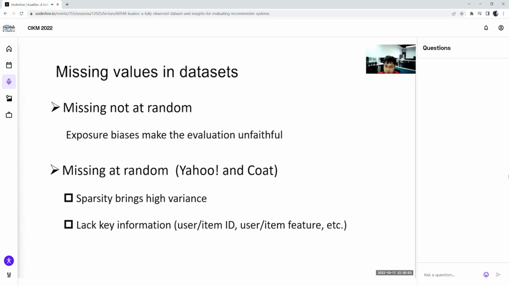However, both of these datasets are highly sparse, which can bring high variance to the evaluation results. Also, they lack some key information to support many of the latest research. For example, Yahoo R3 does not contain any user features and item features, and Yahoo R6 lacks user IDs, has only about 300 items, and the dimension of user and item features is only 4.